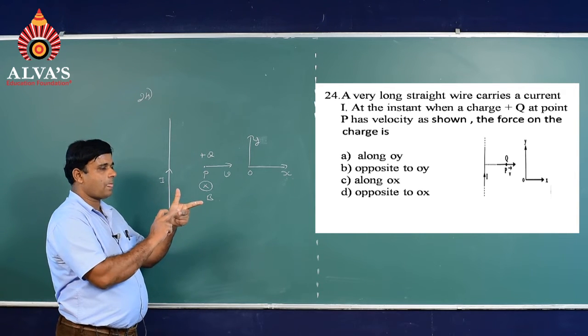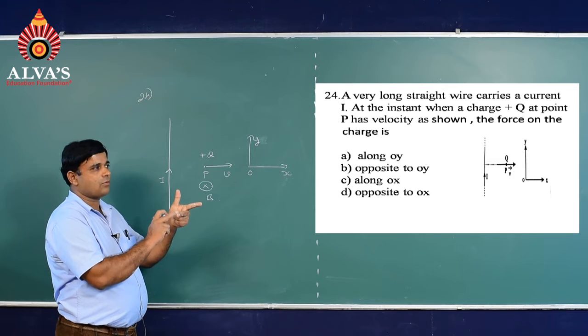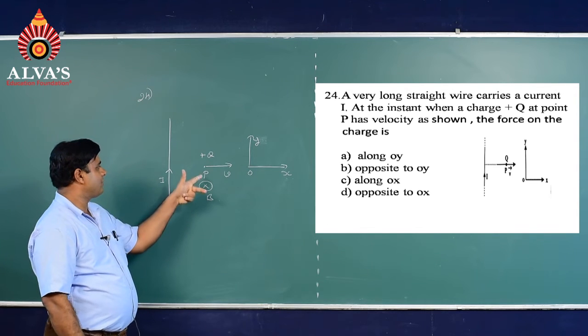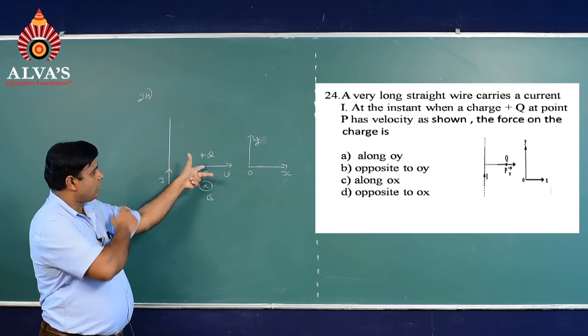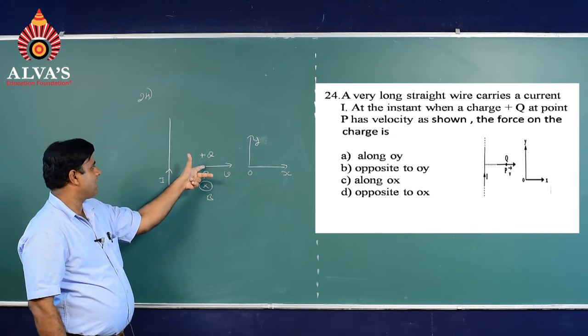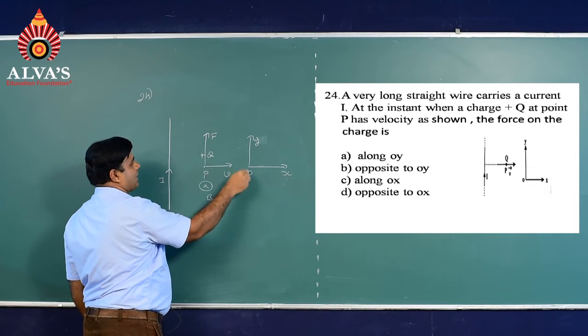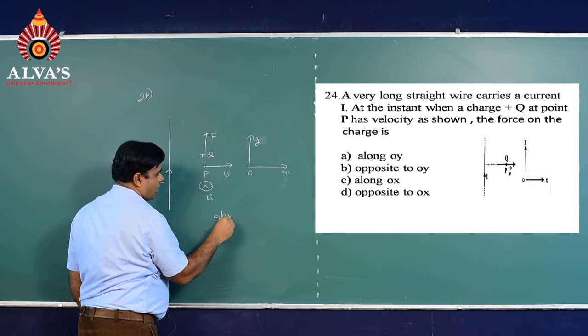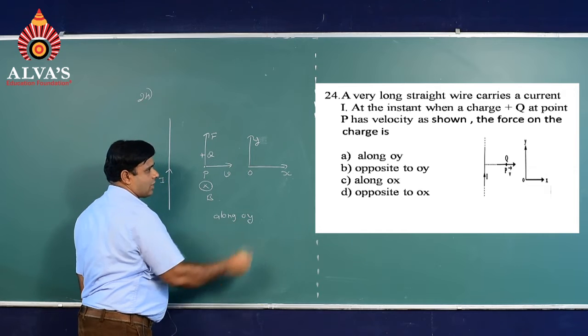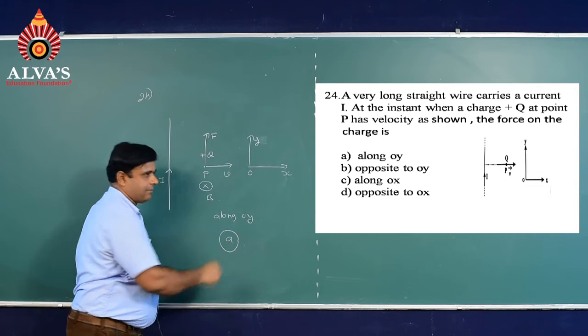Field direction, current direction is the direction of motion of the positive charge. So, field is inward, velocity is the direction of motion, current direction, force should be in the upward direction, implies along OY. So, the answer should be A.